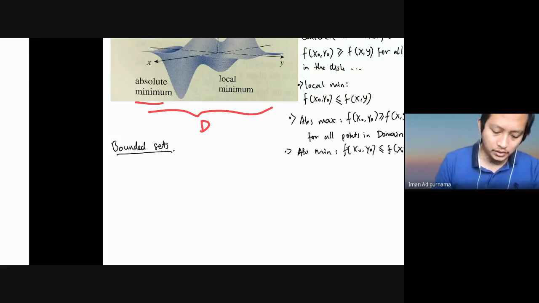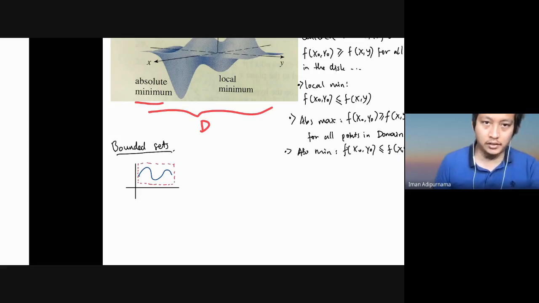If you have 2 dimensions and you have a random curve, a bounded set means any box that you can draw that contains the curve, and from that box you can define which one is your maximum value and minimum value.